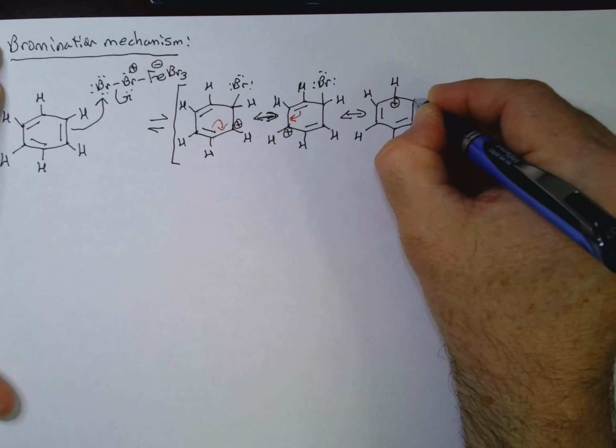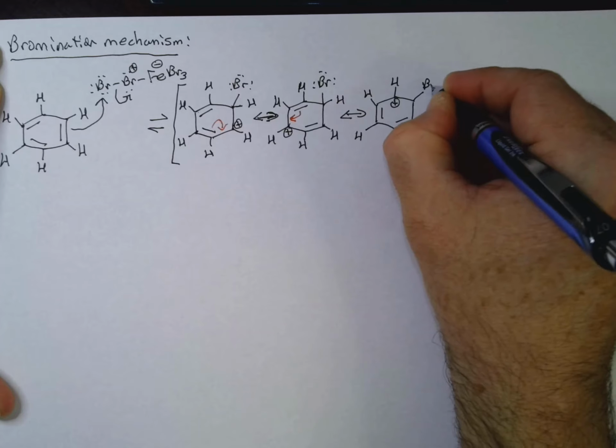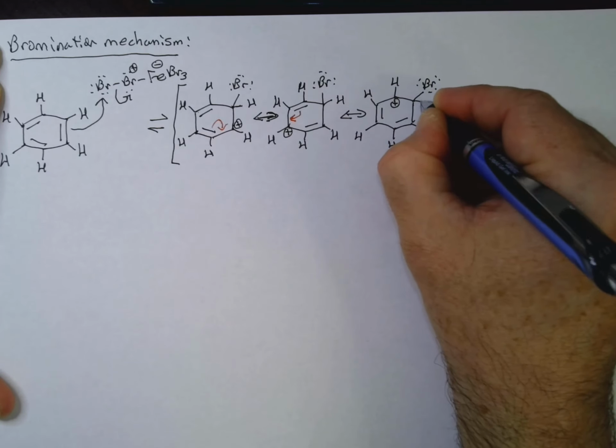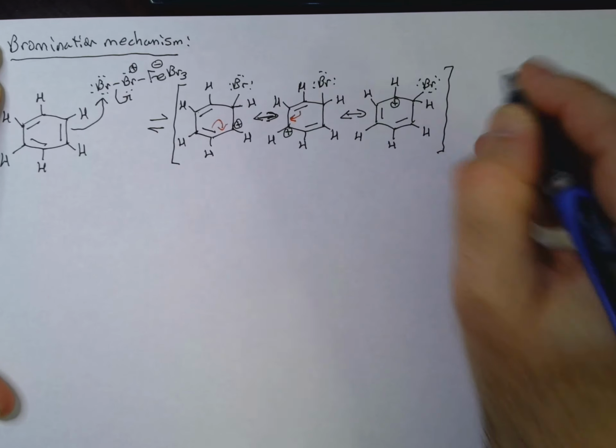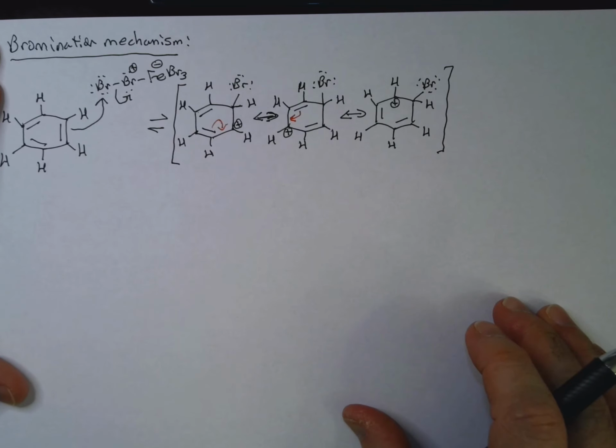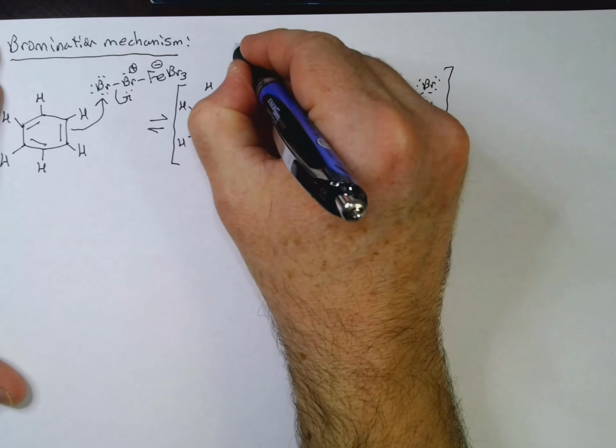Positive charge up there, Br and H. And now our base can come along, and the base actually has the following form.